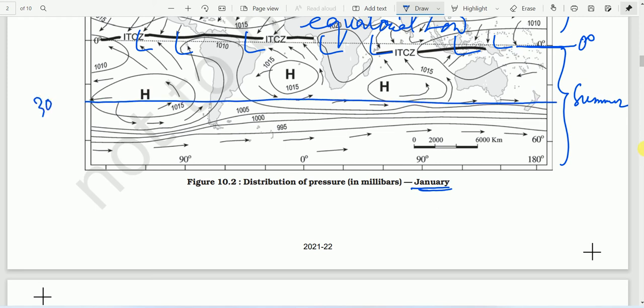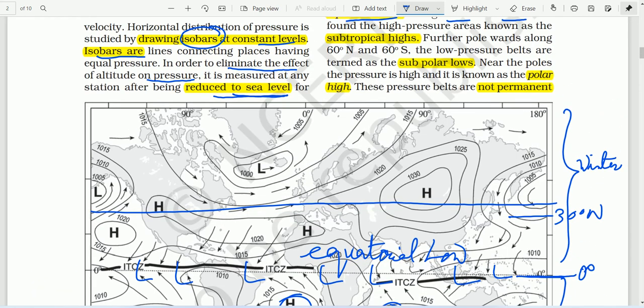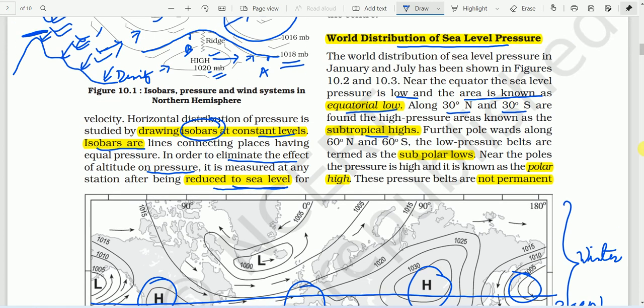Along this line, you will find high pressure, roughly corresponding with 30-degree north and south. Here also high pressure, high pressure. And these high pressure systems or cells are known as subtropical highs.